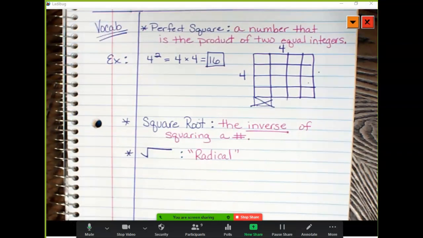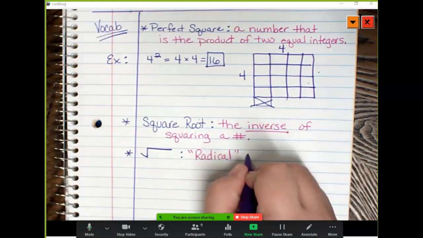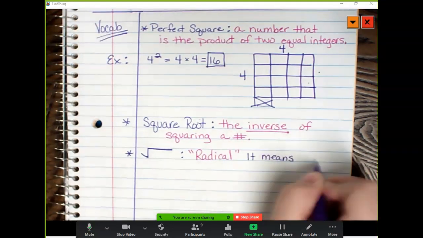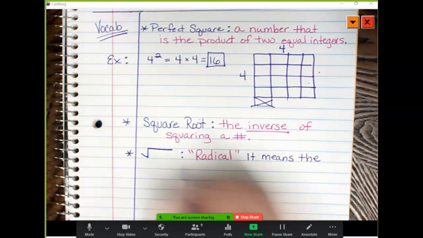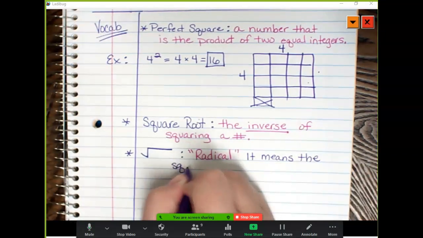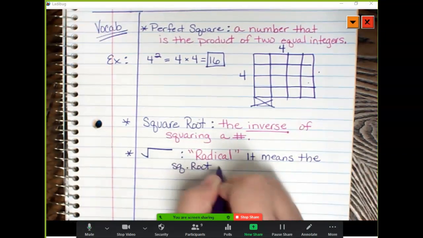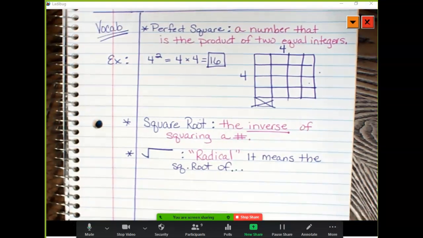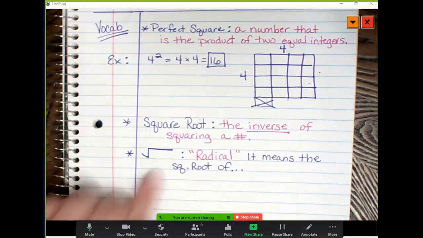But really, it means the square root of something. So it would be the square root of whatever number you put inside underneath the radical.